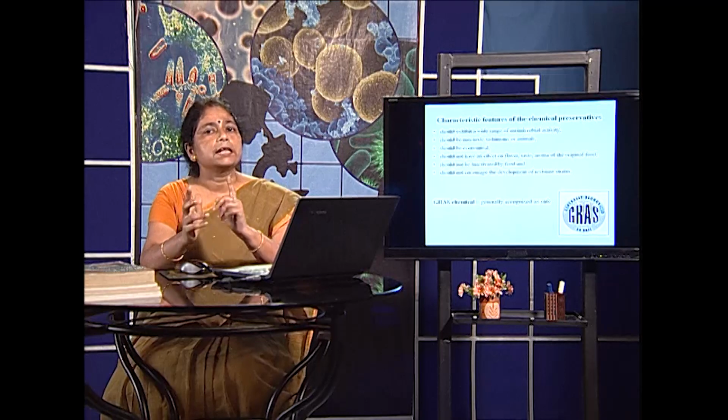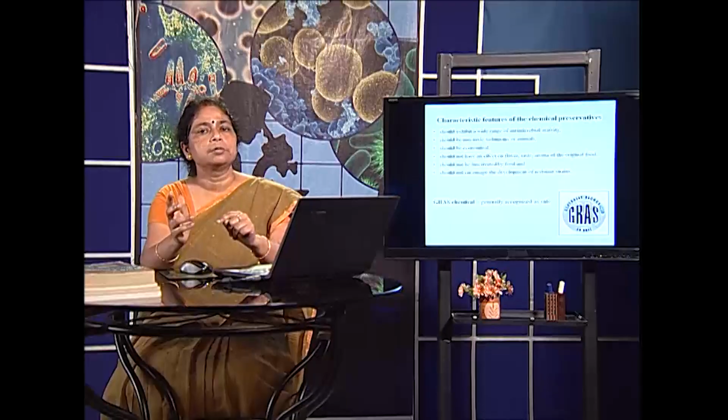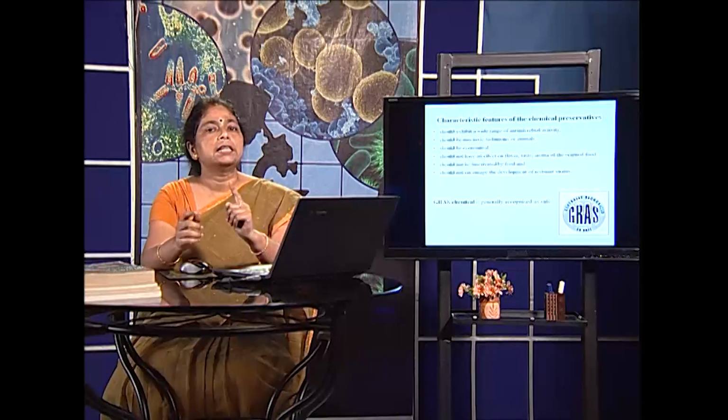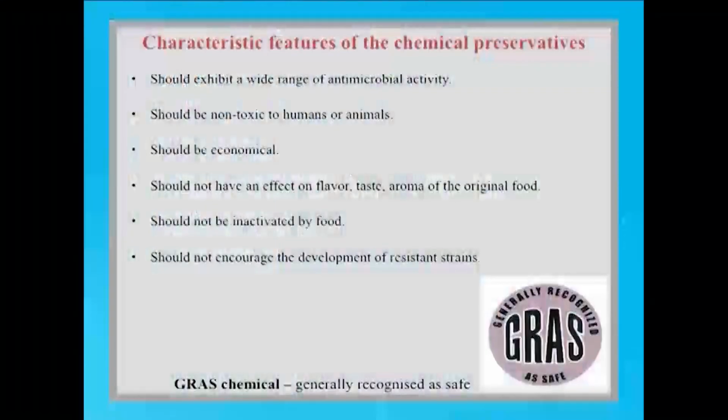So, whenever we add a chemical in the food item for preservation, that chemical has to be a GRAS chemical. And the characteristic features of this GRAS chemical should be like this. It should exhibit a wide variety of antimicrobial activity. It should be non-toxic to humans as well as to animals. It should be economical, not too expensive.